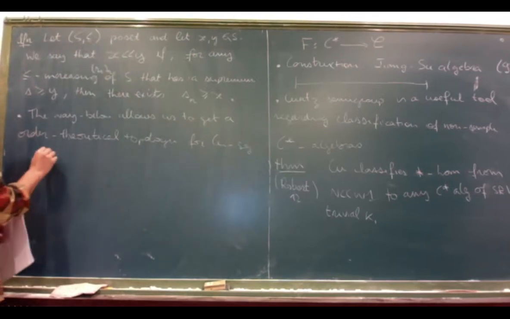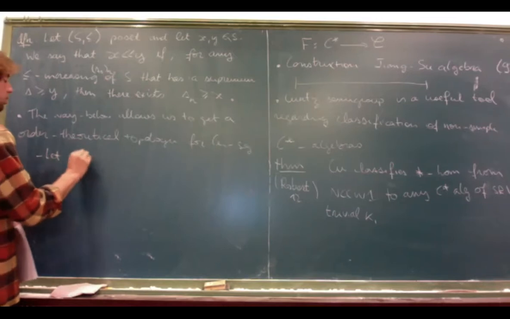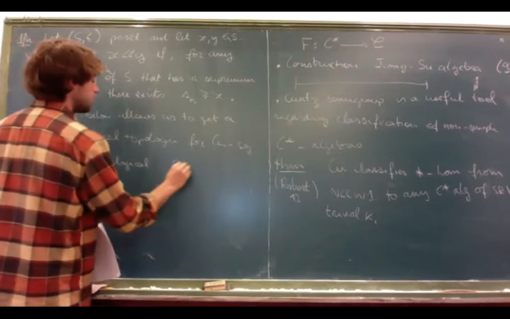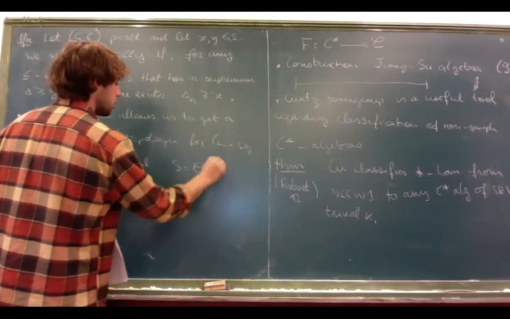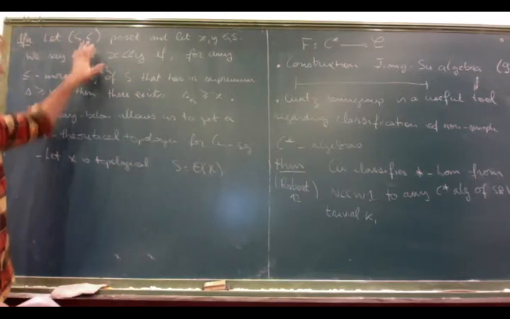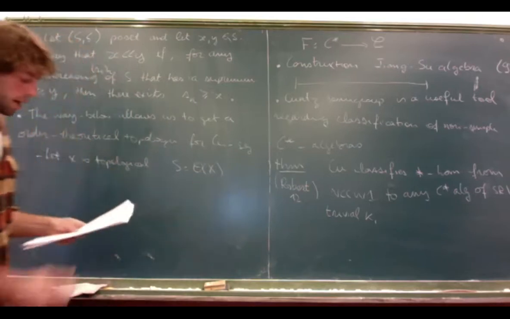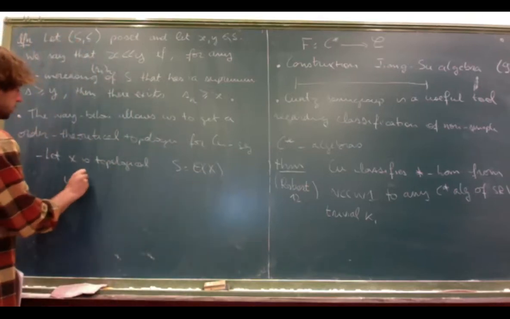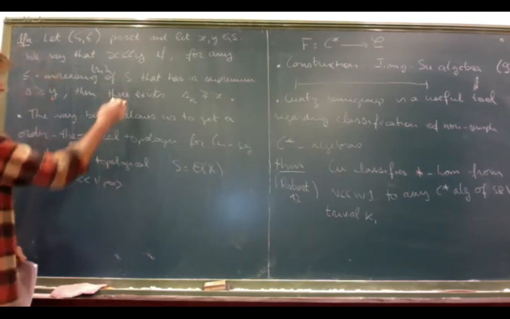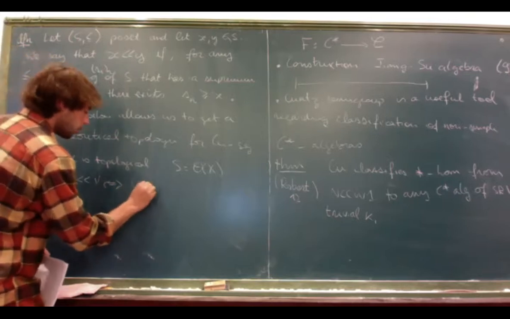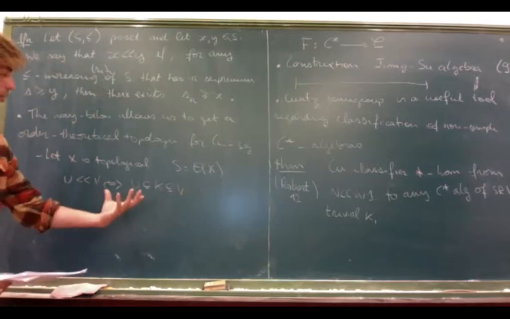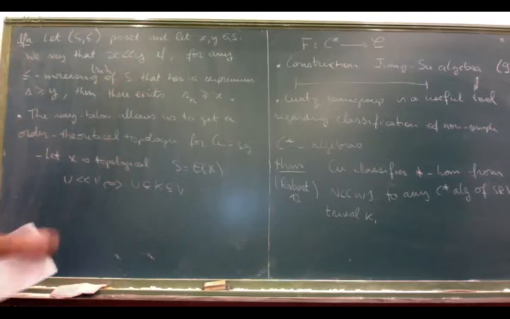So if X is a topological space, and I consider S to be the open sets, and I give it the structure of the inclusion. Okay, so an open set is way below or compactly contained within another. This exactly means that we can put a compact set between the two open sets. Okay, to give you an idea of what this compact containment relation is.